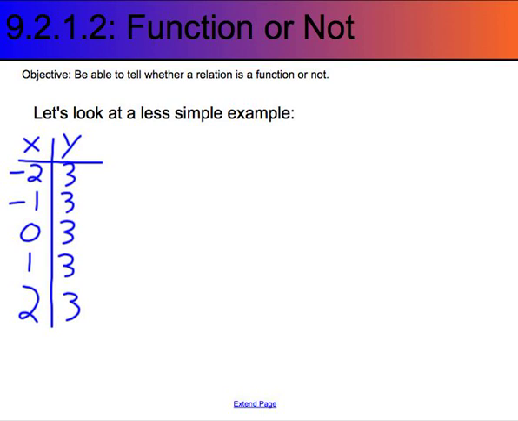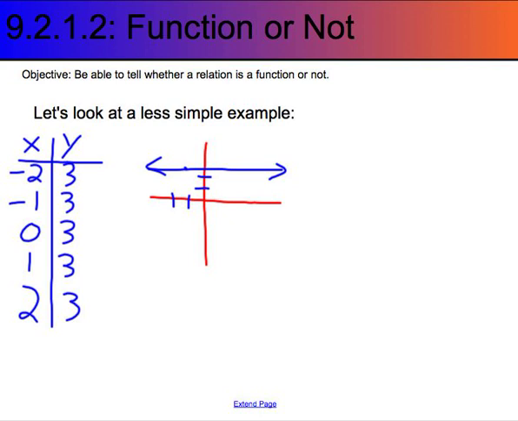So that's a table of that situation. I'm sure you're picturing what the graph would look like as well, but just in case, I'll draw it for you. No matter what the input is, whether it's -2, the output is 3. Whether the input is -1, the output is 3. Everywhere, the output is 3. This is a function.